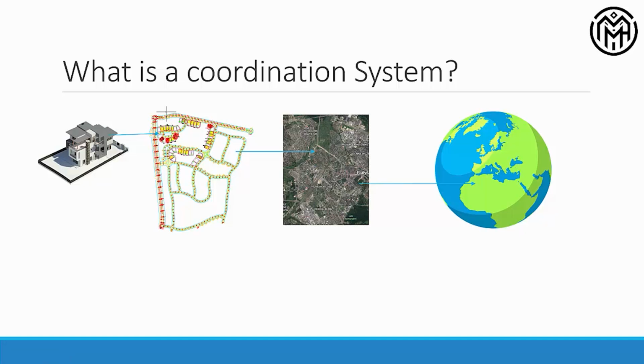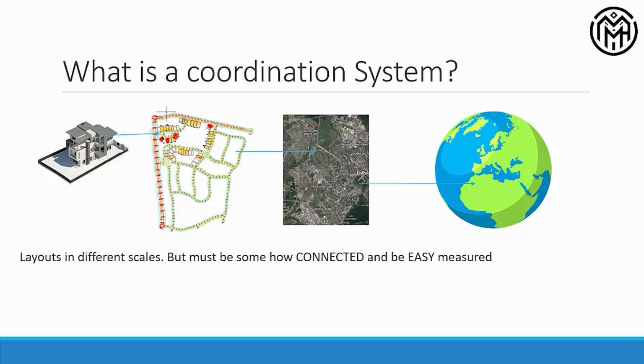So we have here different layouts in different scales, and all of those layouts must be connected together and easily measured. And later on, I will tell you what I meant by saying easily measured.